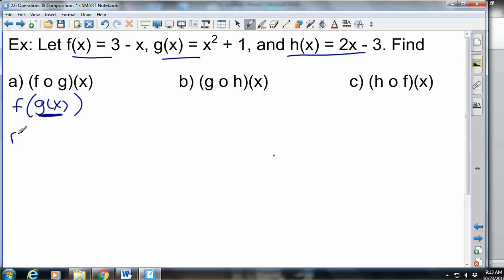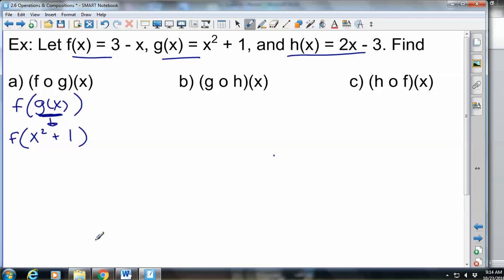What is g of x? Since I didn't have a number, your g of x is just the function itself. So I just replaced it with my x squared plus 1. Now we have to evaluate.